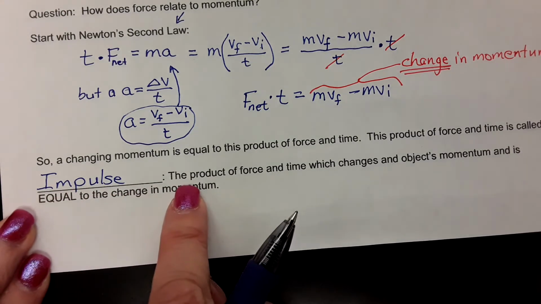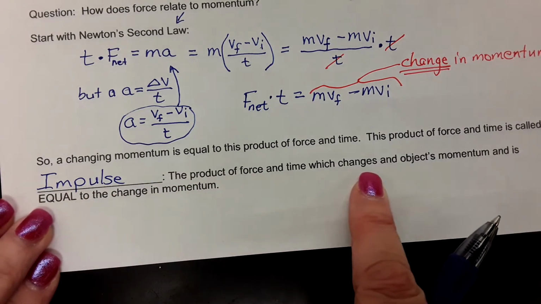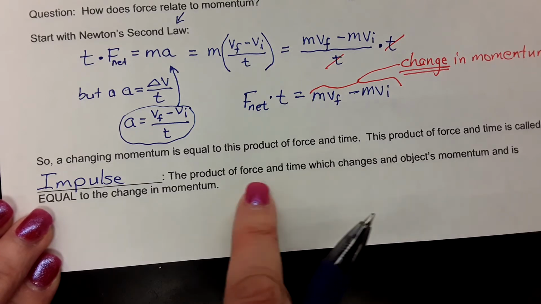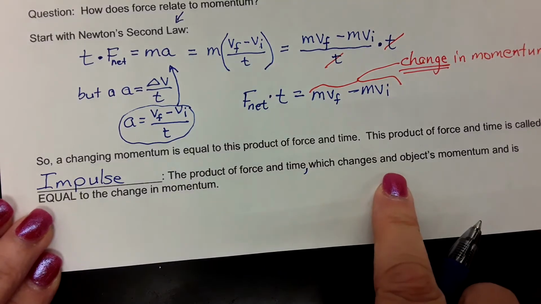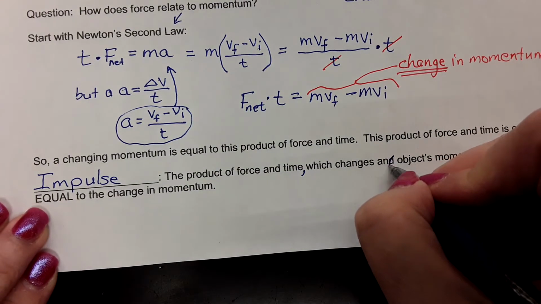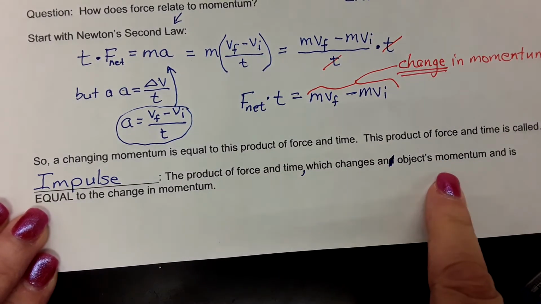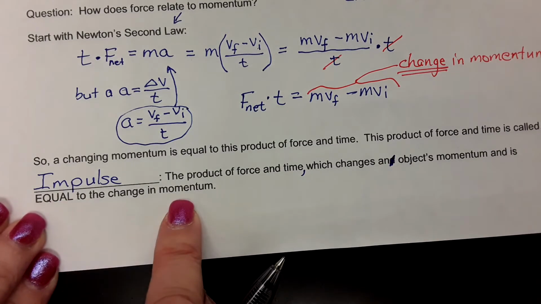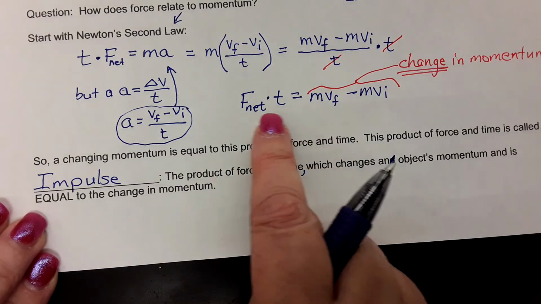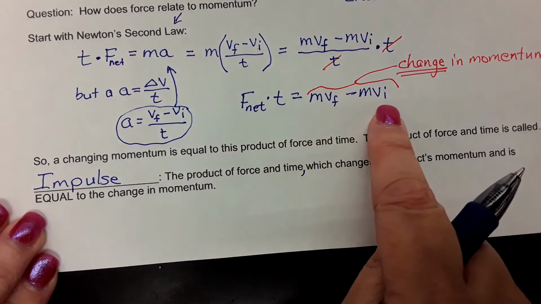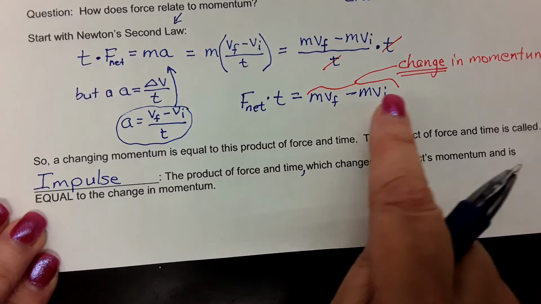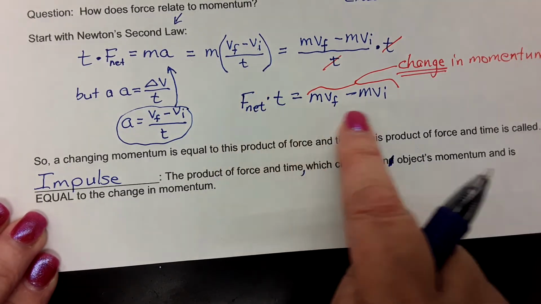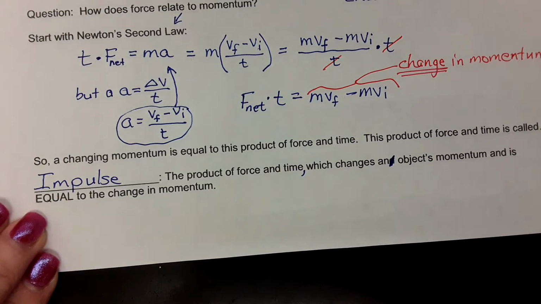Impulse is the product of force and the time, which changes an object's momentum. And it's also equal to the change in momentum. So this force causes the velocity to change, which causes the momentum to change, and the force times the time is also equal to the change in momentum.